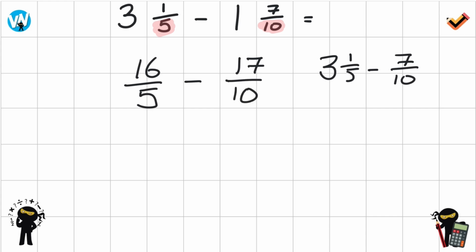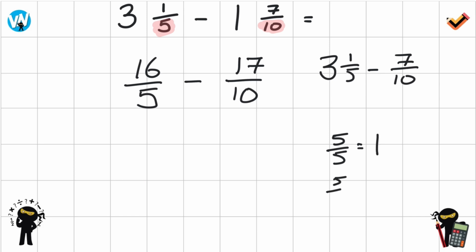Now, the reason why that is, is because if we think about this, essentially what this 3 represents is 3 lots of 5/5. If we have 5 over 5, that's equal to a whole.